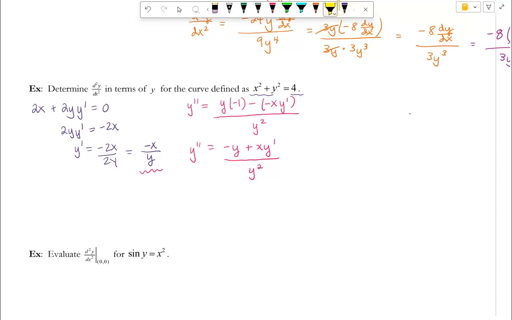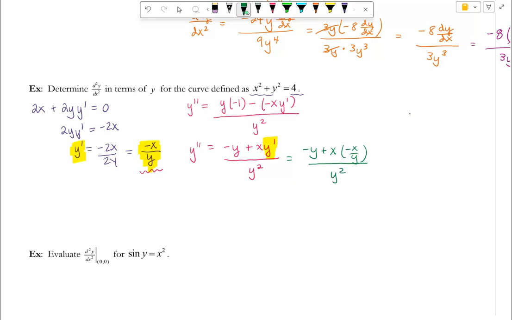And this one's going to be a little tricky. This is one that I sometimes have to think on. But where I see my y prime, I'm going to substitute negative x over y. So we get negative y plus x times, think of this as negative x over y. It doesn't matter if I think of that whole thing being negative or assign it to the numerator or denominator. And this is over y squared.